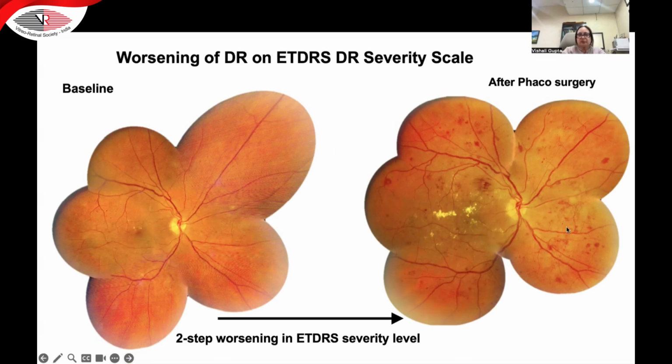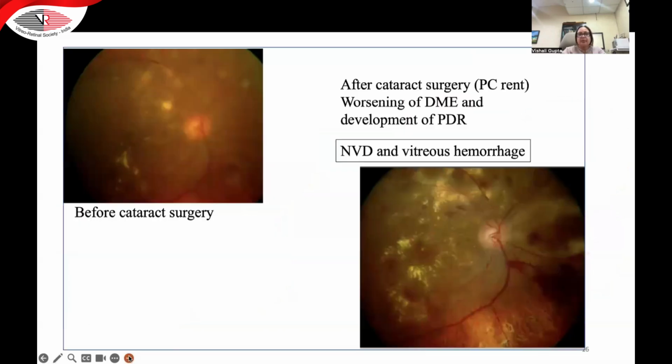This photo shows worsening of non-proliferative component of diabetic retinopathy. This one is the patient before cataract surgery, and unfortunately, he had a complicated cataract surgery with posterior capsule rent. Following this, there was development of both macular edema as well as worsening of PDR and vitreous hemorrhage.